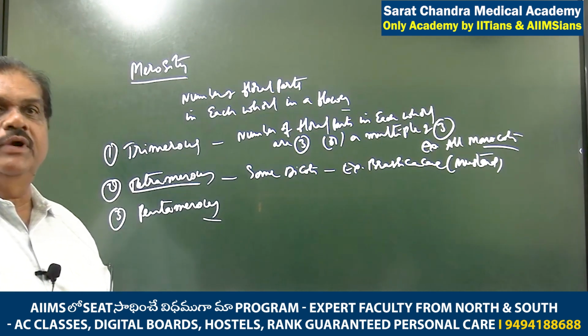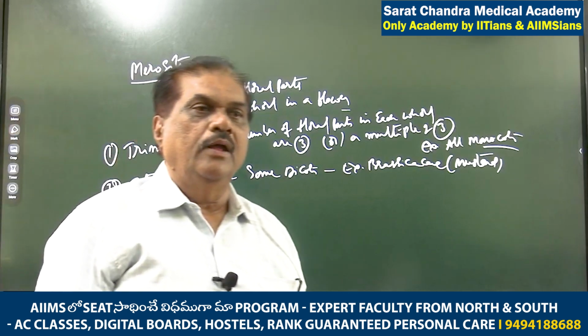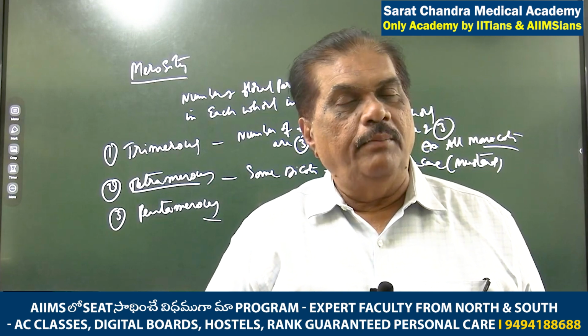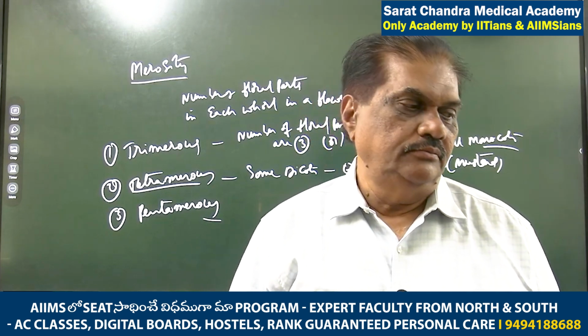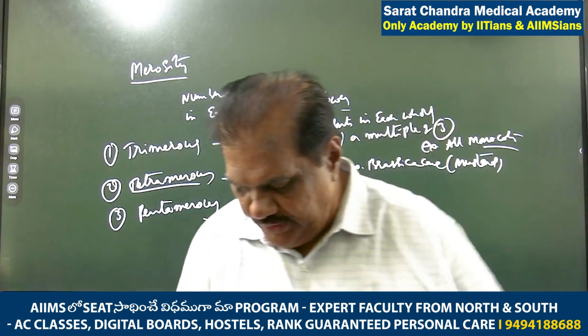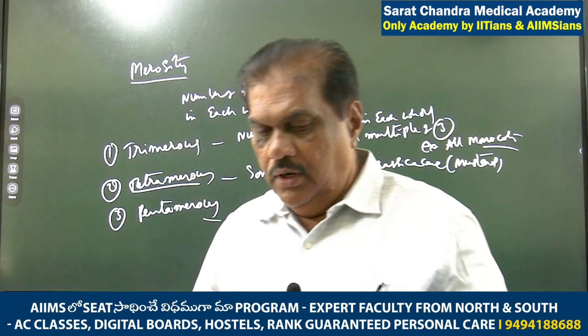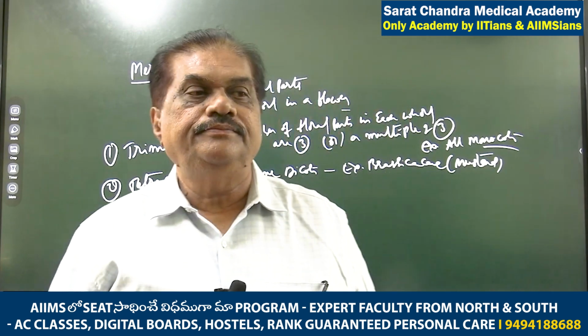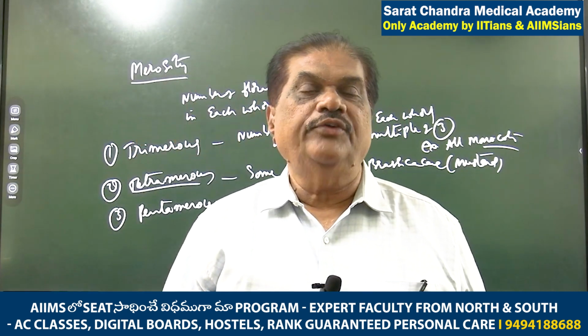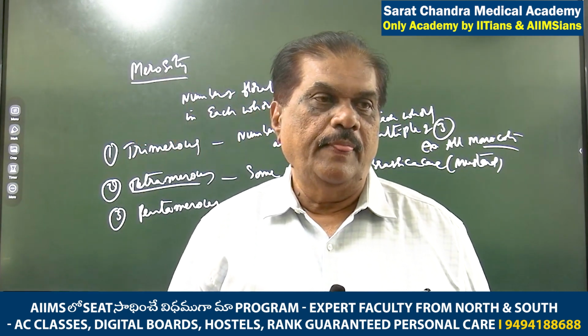Next, pentamerous. What is the definition for pentamerous? The number of floral parts in each whorl is 5, or a multiple of 5. That is called pentamerous.